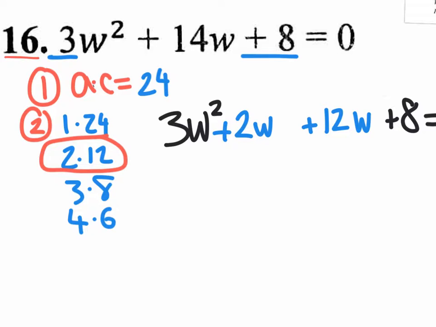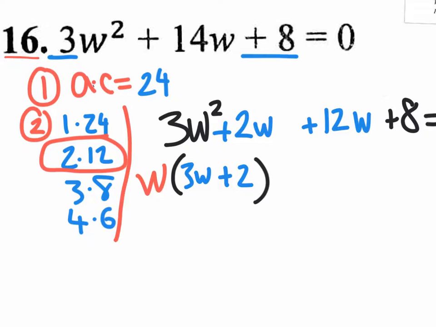So when I look at my first group, the first 2 terms, what could we factor out of the first group? What's in common? W, just W. So if I pull out a W from both of these, what's going to be left on the inside? Okay, and when we look at the other 2 terms, the other group, what could I pull out of both terms of that one?